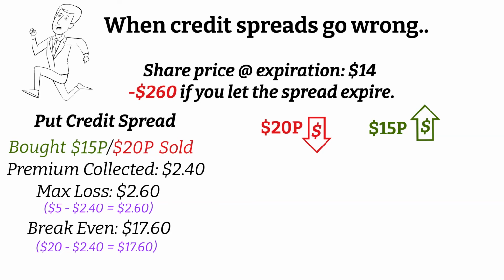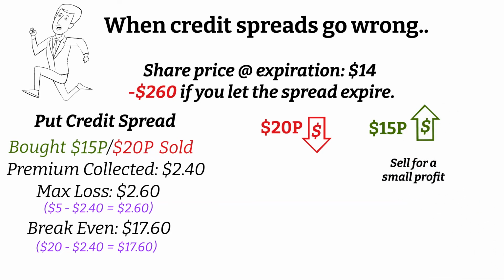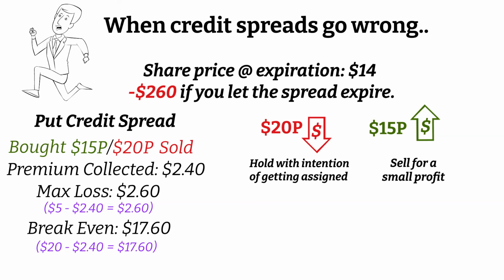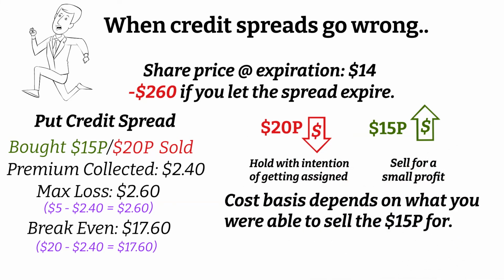At the end of the trading day, or at any time really, you could sell the $15 put at a profit, which would leave you with the naked $20 put that you sold. At the contract's expiration, you would get assigned the shares for $20 a share. Although your overall cost basis for the shares depends on how much you were able to sell your long leg for, regardless, it would be less than $20 a share.